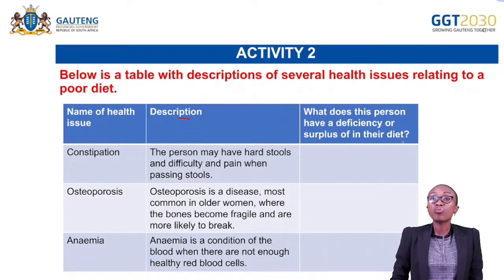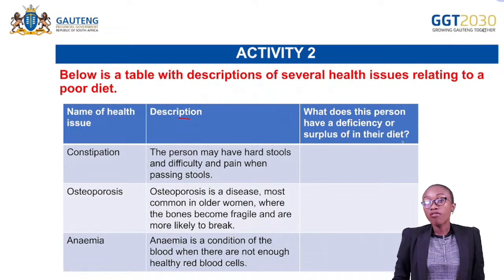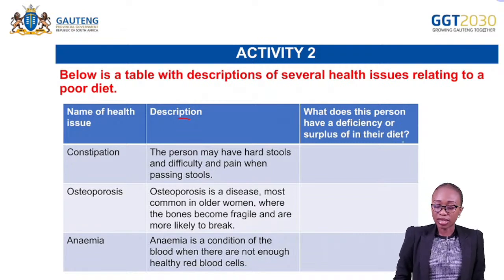So we're supposed to mention the nutrient that this person is lacking. The deficiency of this nutrient is what is causing this disease. Remember when we're defining malnutrition. So in instances where you have a lack of a certain nutrient, you can suffer from a disease.